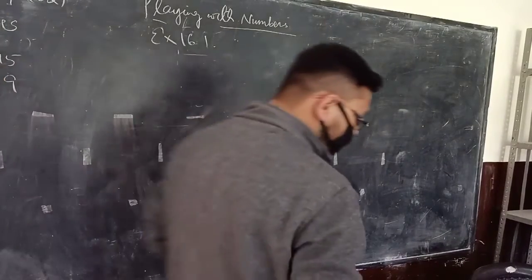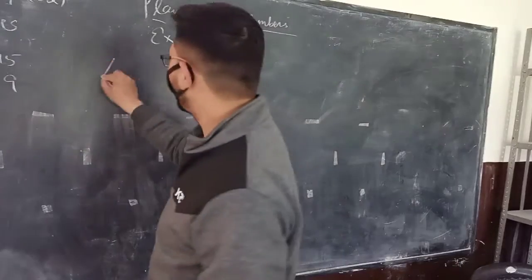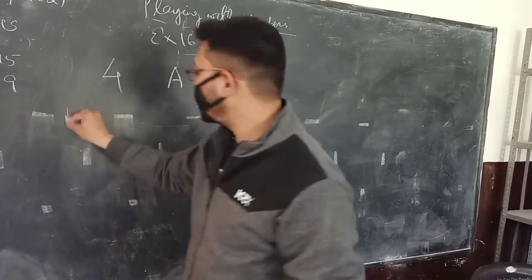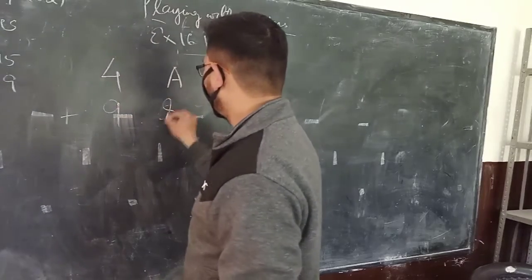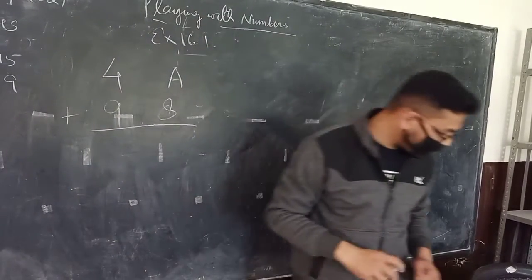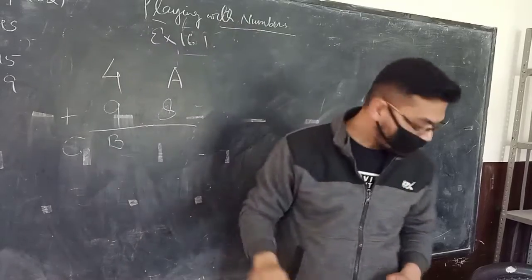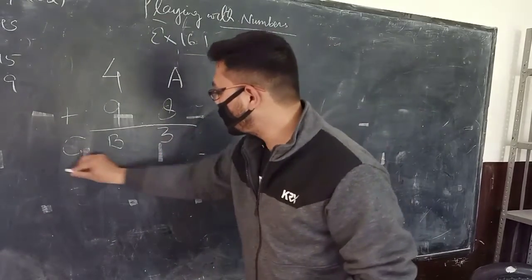Now the second question is 4A plus 98, and you will get C, B and 3. Okay, C, B and 3.